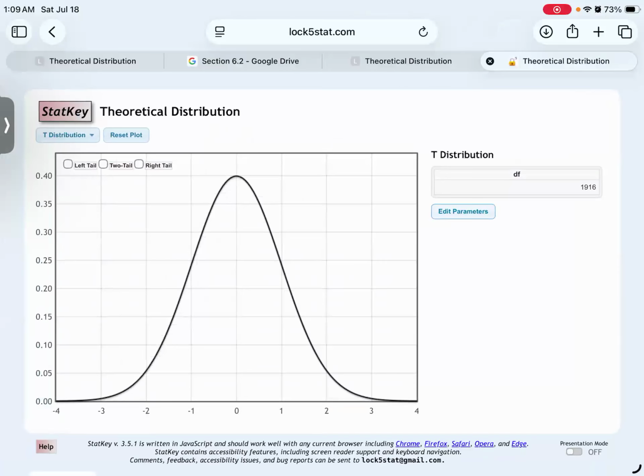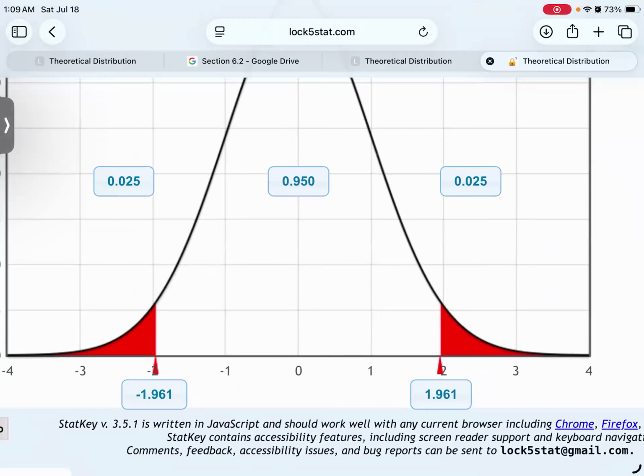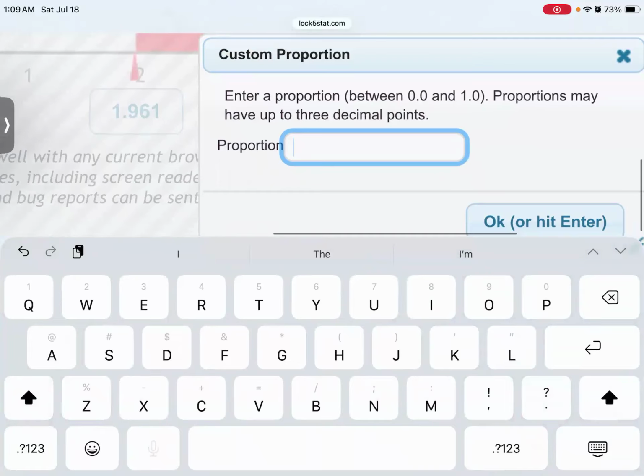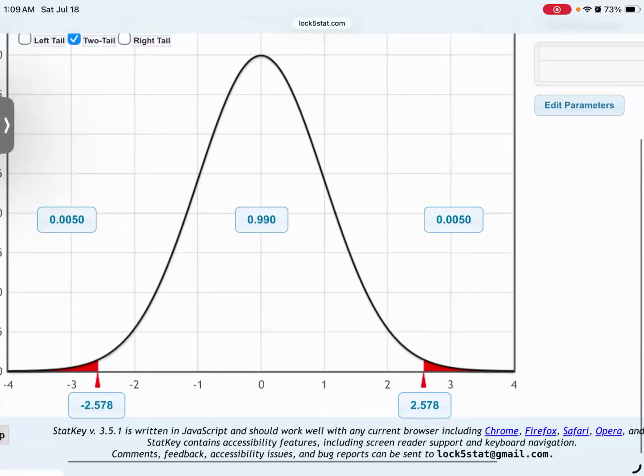So now it's in there. Then you'll do your two tail. Now, if they wanted a 95%, we'd be done. Down at the bottom, we'd have 1.961. But they want a 99, a wide interval. You put in your 0.99, and there it is at the bottom, 2.578. And that's what you would do, minus plus that number times your standard error.